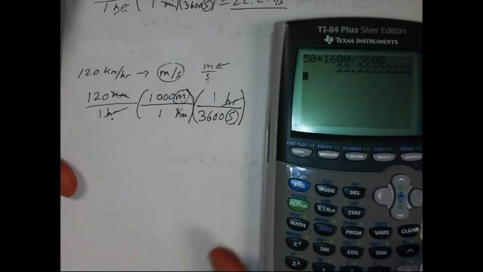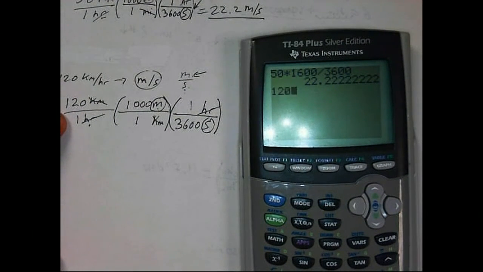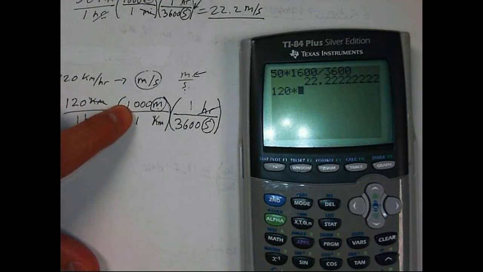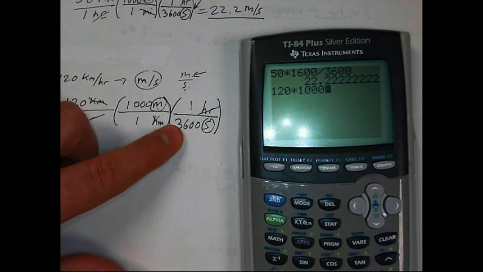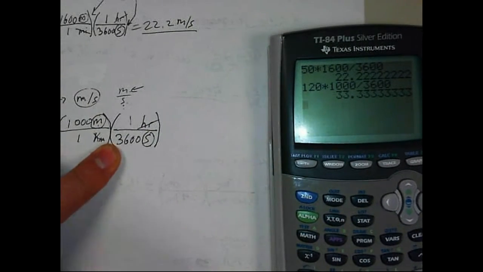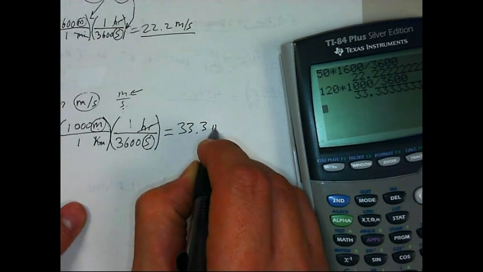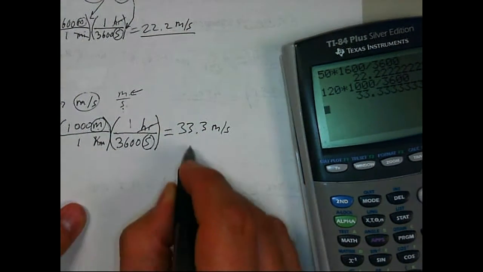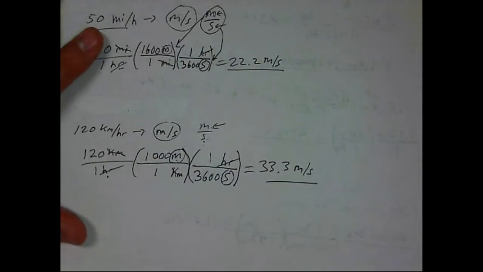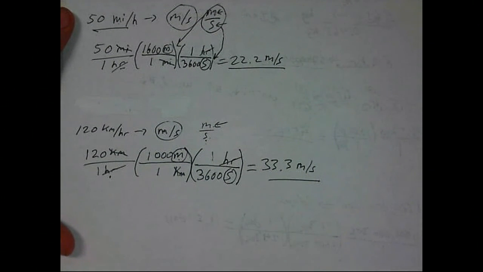So we'll multiply this out. This will be 120 times 1,000 divided by 3,600, and that gives you 33.3 meters per second. 120 kilometers per hour is equal to 33.3 meters per second.